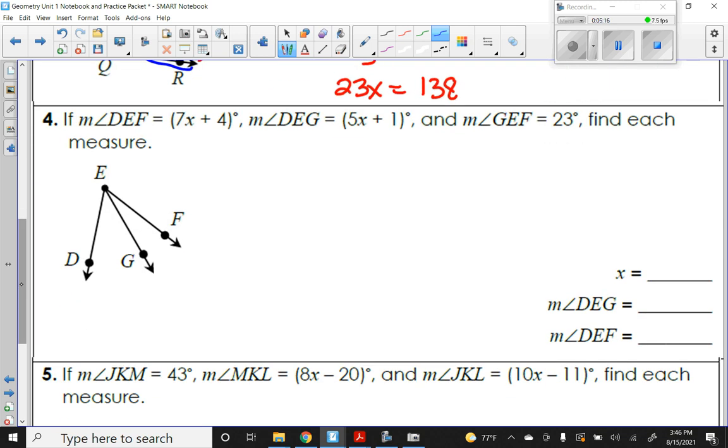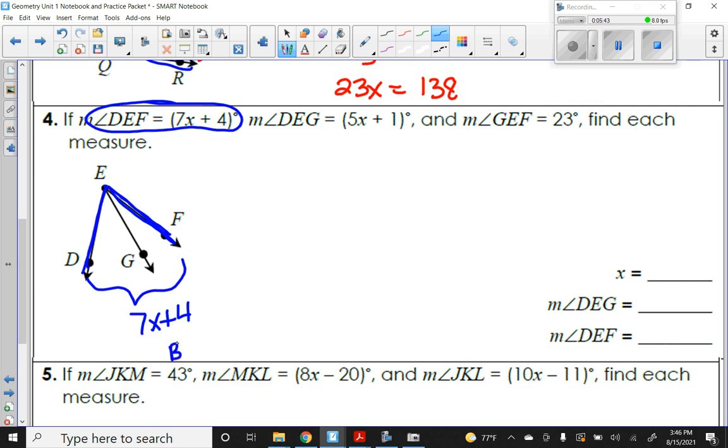Moving to number 4, I'm just going to show you the equation and how to label it. DEF is the big. That is the whole. So I know all that is 7x plus 4. My blue angle is labeled correctly, and it is the big.